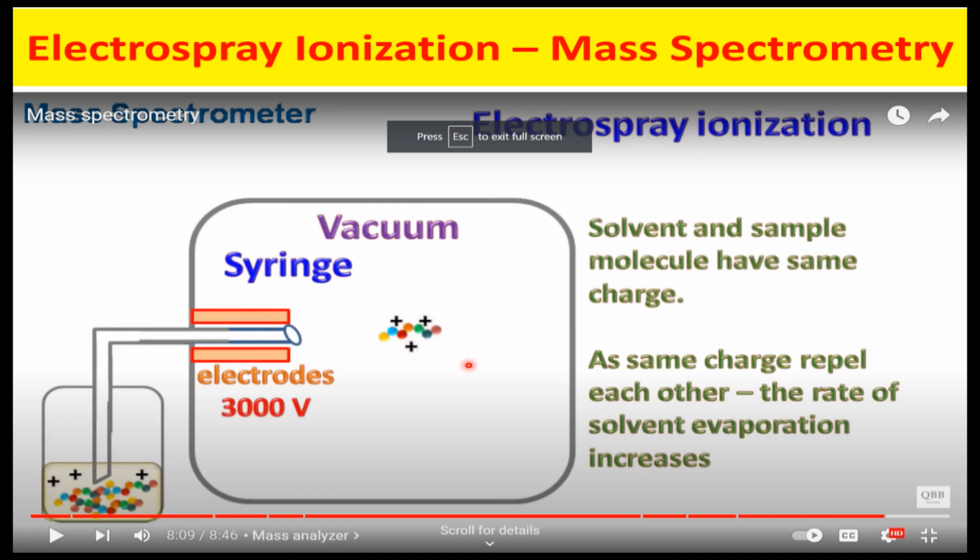How and why it gets vaporized is because the sample and the charge are all the same. Due to repulsion of these two charges of the sample and the watery part of it, the solution part of it gets vaporized, and the ions remain, which then go on to the detector for analysis.